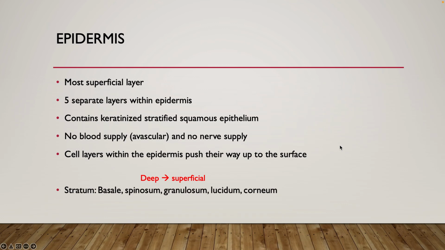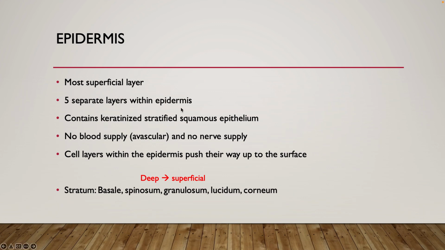So we'll start first by talking about our epidermis and the different layers that we can find here. Our epidermis is going to be our most superficial layer of our skin. Within it, we'll have 4 to 5 different layers depending on what type of skin we're talking about. And so we'll either talk about thin skin or we'll talk about thick skin.